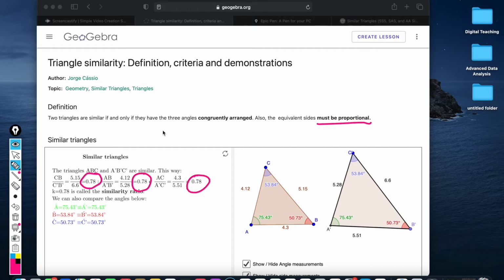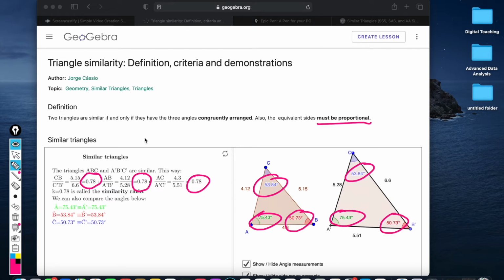Now, the second part of this definition: we want to make sure that our angles, C and C prime, A and A prime, B and B prime, are equivalent. And what do we see? We see 53.84 and 53.84, 75.43 and 75.43, 50.73 and 50.73.